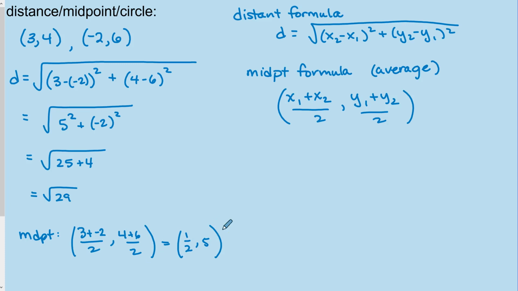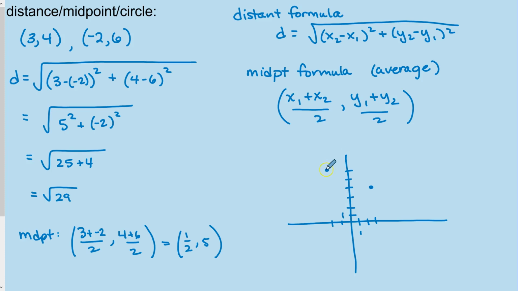now let's visualize these 2 points on a graph real quick. (3, 4), just making a rough sketch. Here's (3, 4), (-2, 6). Okay, now let's suppose that those were the endpoints of a diameter of a circle.